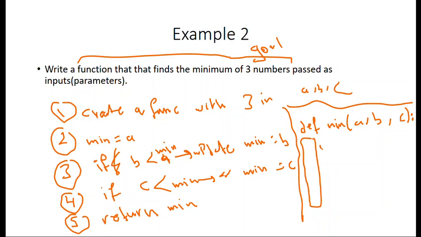So initially we would say min, a new variable, is equal to A, right? Next we say if B is less than min, all right? Put a colon here and then we leave some white space here and say set min to B. If the condition was false, simply leave the minimum as the current value, which is A, right?